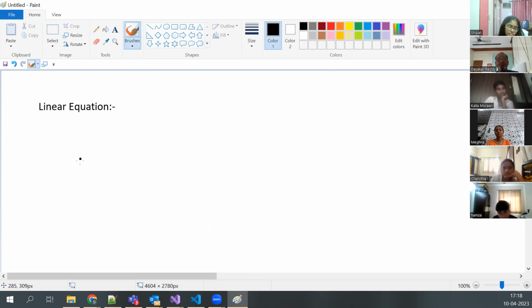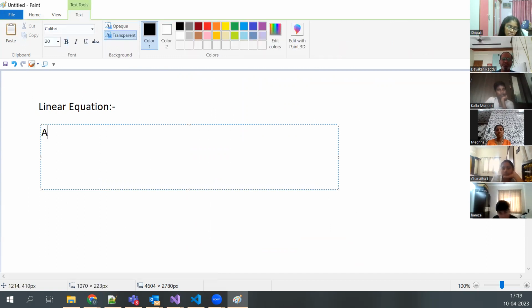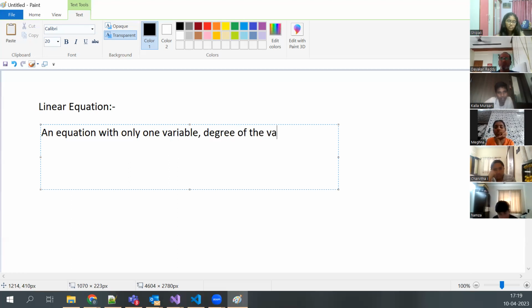An equation with only one variable, where the degree of the variable is 1, and it should be equal to some constant.